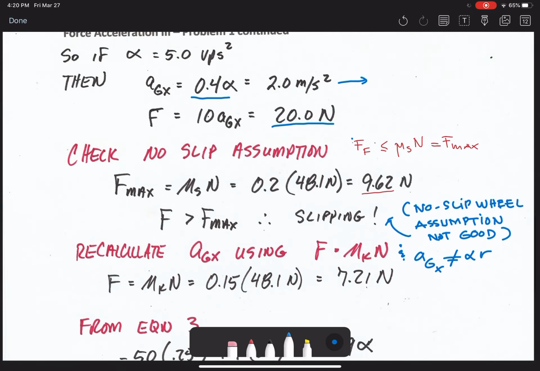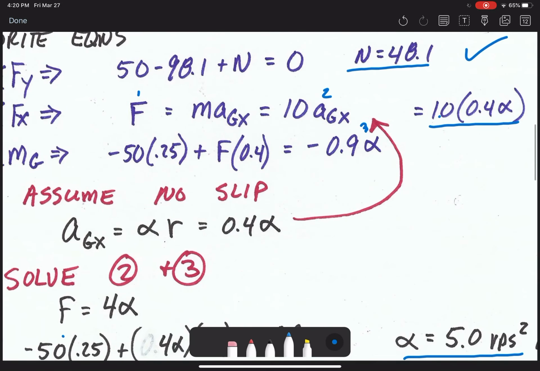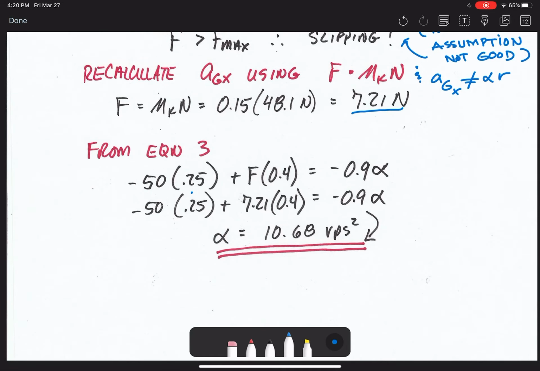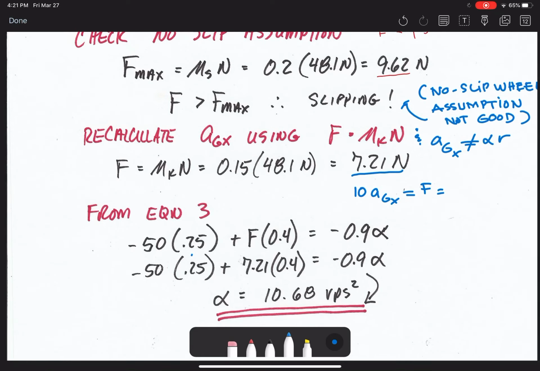So here you see the slip, so you plug mu sub K N into that equation. 10 ATX equal to F, which in this case is 7.21. So from that you have ATX equal to 0.721 meter per second squared.